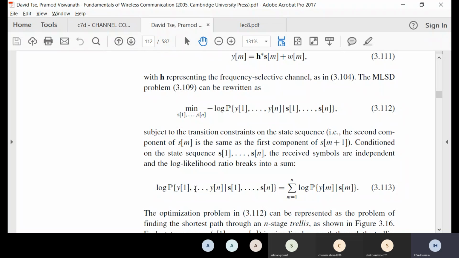So I can break up this product into the joint probability of y1 equal to probability of y into probability of y2 y3 going up to yn. Actually this is multiplication, but because of log this becomes addition, so I can just add up. Joint is equal to product, but in log that product becomes addition, so you can also write it as follows.